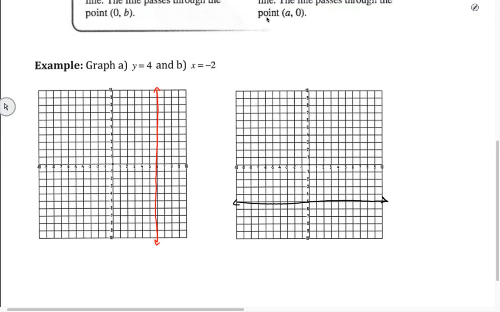Vertical, right? So we would write x equals, now what number is my line going through on the x-axis? Do you see how it's going through that number right there? That number would be 1, 2, 3, 4, 5, 6. So you just write x equals 6. Over here, this is a horizontal, so we would write y equals, and this would be 1, 2, 3, 4, 5. It would be y equals -5.